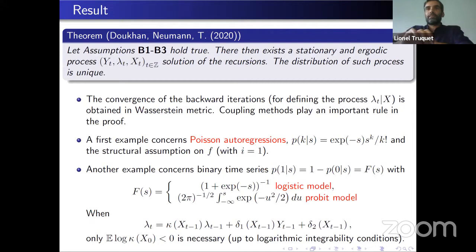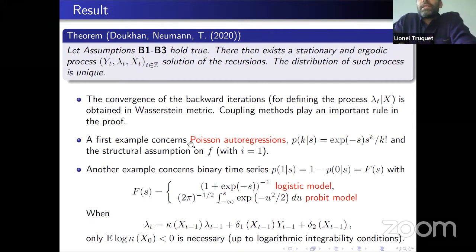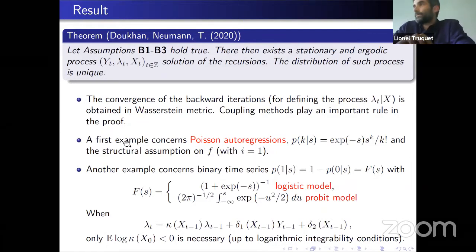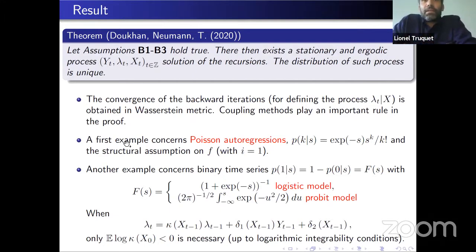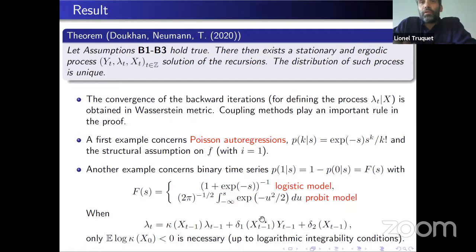So now, you can still consider, in this case, Poisson autoregression, but with a more general structural assumption on the function f that will work with the previous power 1, for instance. Another interesting example concerns the case of binary time series. For instance, you can still consider the logistic model or the probit model.